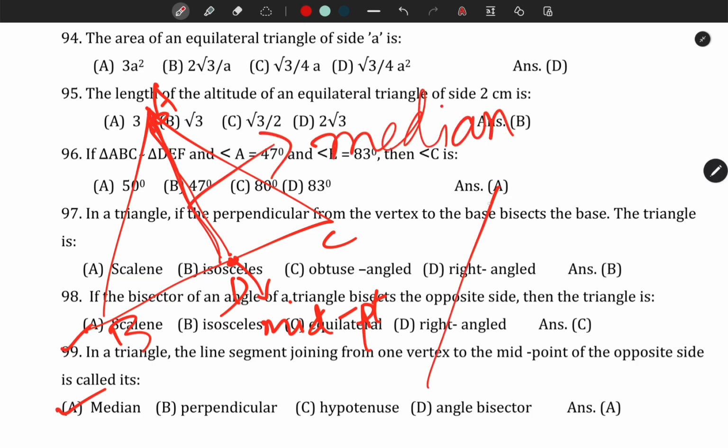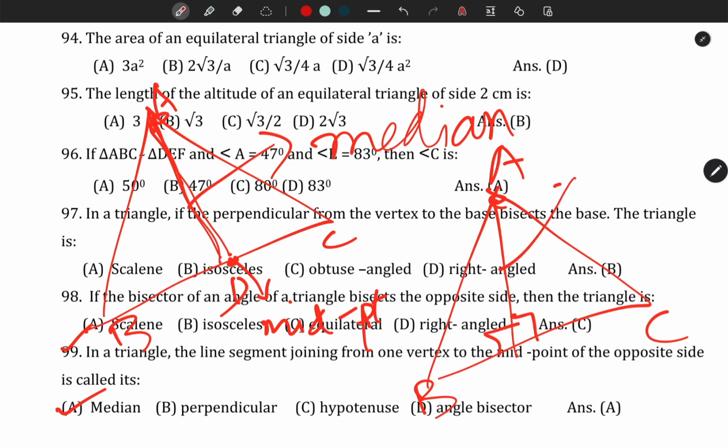And in a triangle, if you draw a perpendicular from a vertex to the opposite side, then this line segment is called altitude. Perpendicular is called altitude, and if you join midpoint and vertex, we call median.